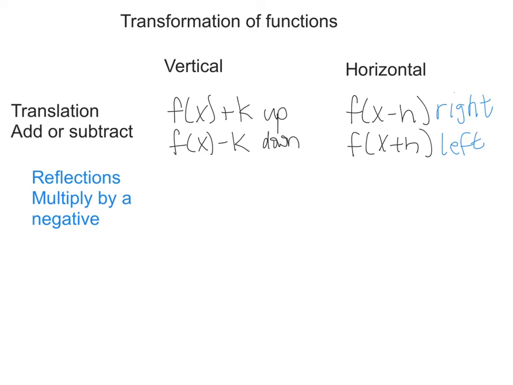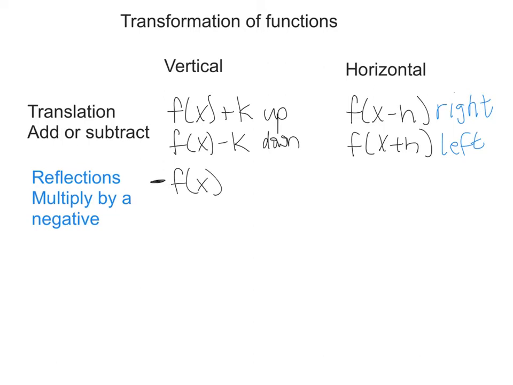So reflections happen when we multiplied by a negative. A vertical reflection reflects over what axis? The x-axis. The vertical reflection was over the x-axis. That was the negative f of x. The whole function got multiplied by a negative, and it reflected over the x-axis. And the horizontal reflection was over the y-axis, right? That happened when we just made the x inside the function negative.